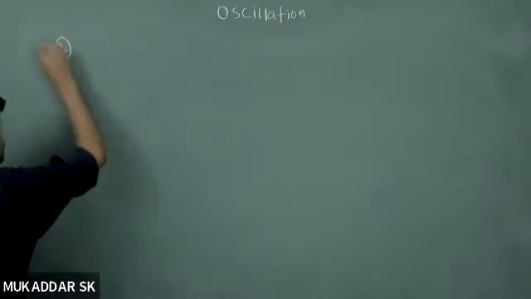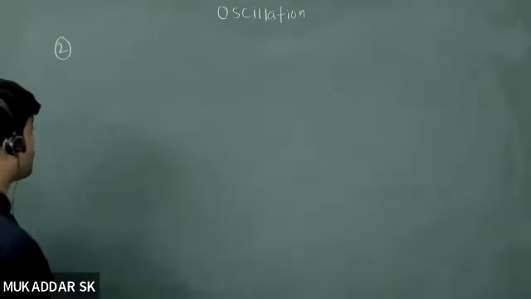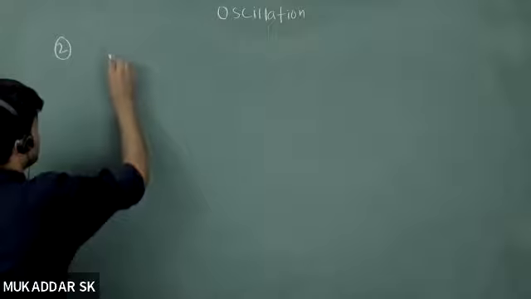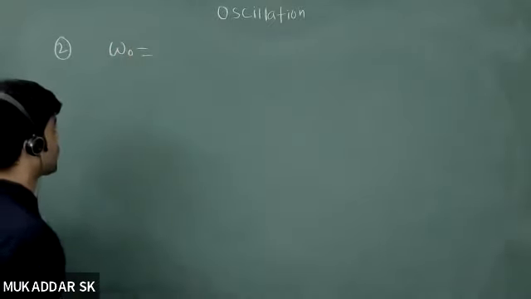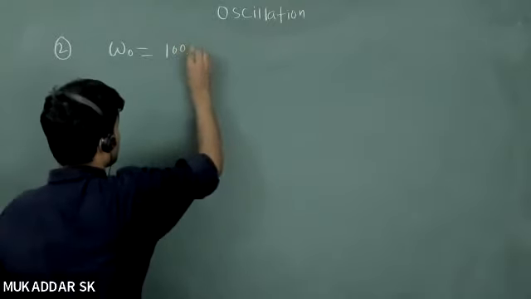Second problem. You have a damped oscillator whose natural frequency is given as omega naught, 100 radian per second.